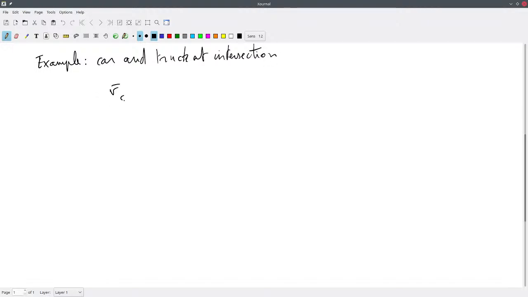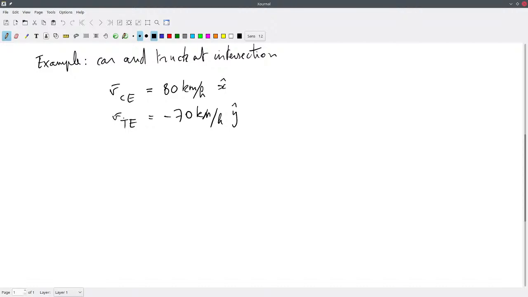So V_CE is 80 kilometers per hour in the x direction, and V_TE is minus 70 kilometers per hour in the y direction. So those are the vectors for the car with respect to the Earth, and the truck with respect to the Earth.